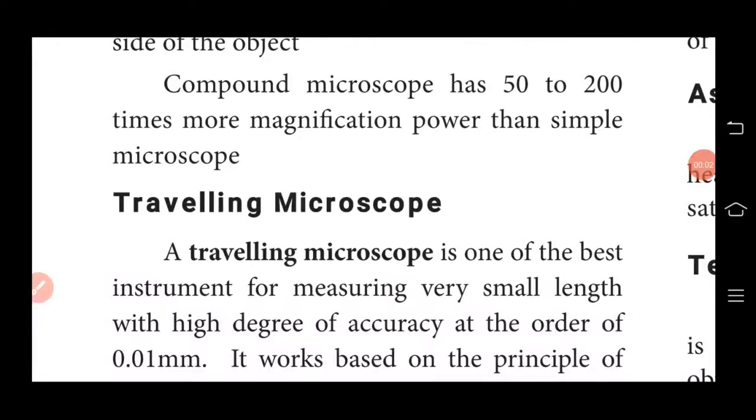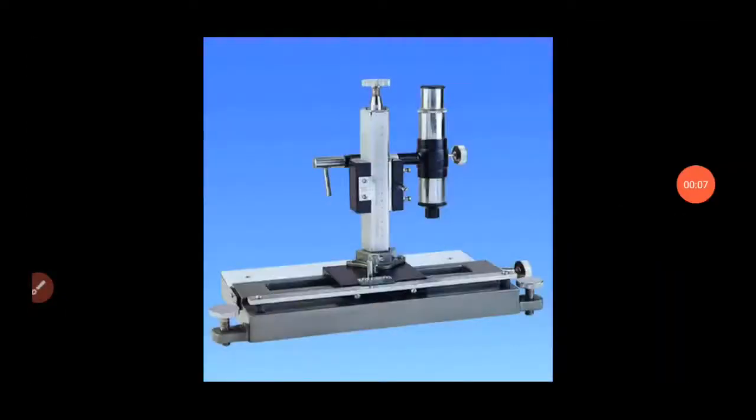Our next topic is traveling microscope. Traveling microscope is one of the best instruments for measuring very small lengths with a high degree of accuracy, at the order of 0.01 millimeter. So very important one mark question.